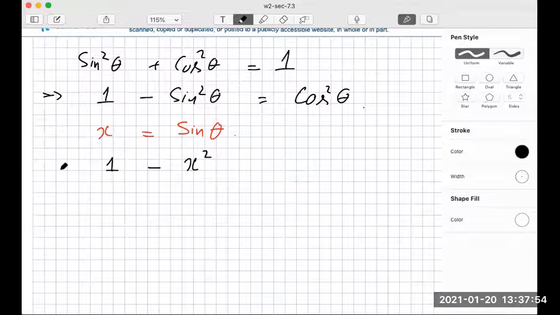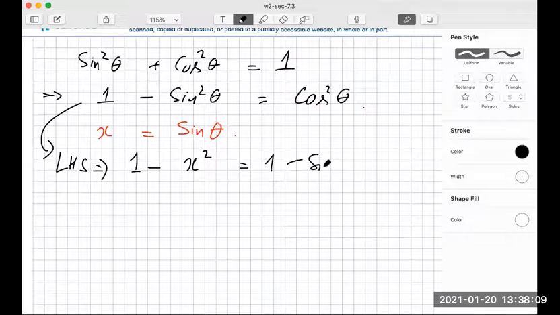Let us talk about the left-hand side. So, in the future, we do the reverse situation. If we're given 1 minus x squared, we will define x to be sine theta, right? Then we go backward and we replace this.